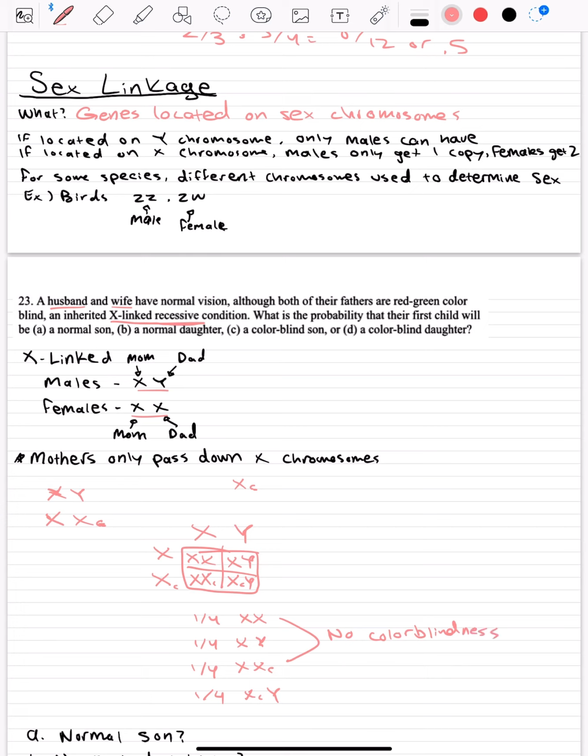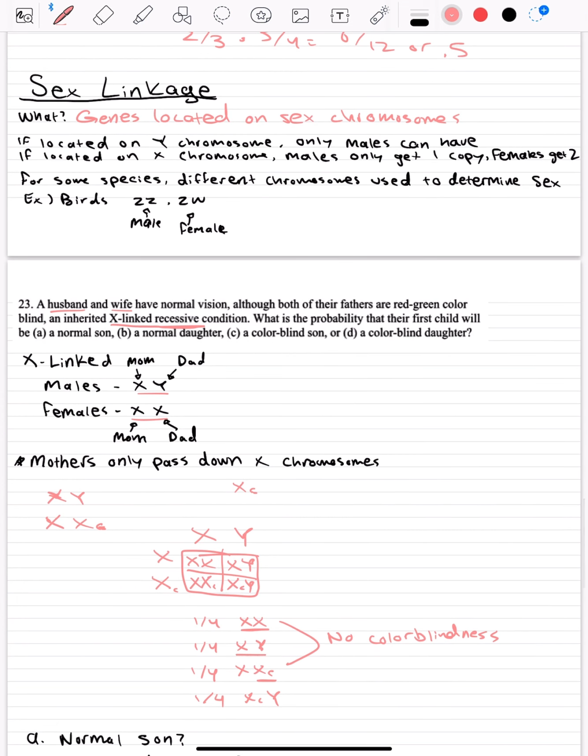Now this individual right here, this female, she is carrying the allele for color blindness, but since she has 1 dominant allele, that is not going to be expressed. So we have a female here, no color blindness, a male, no color blindness, another female, no color blindness, and now we have a male that does have color blindness since he has one of the recessive chromosomes.